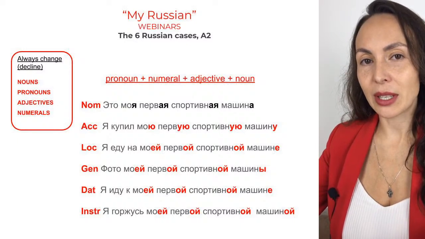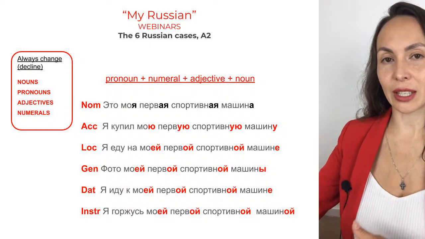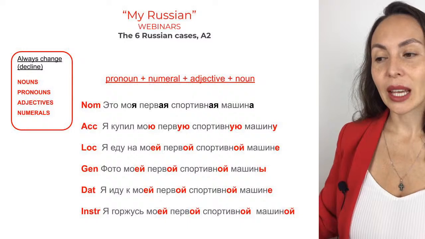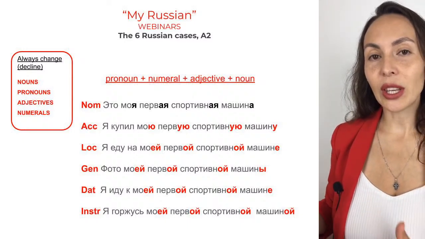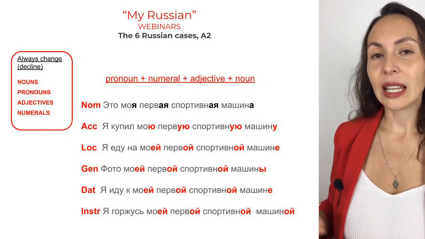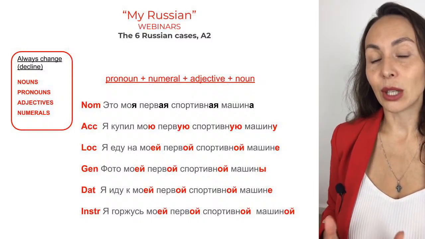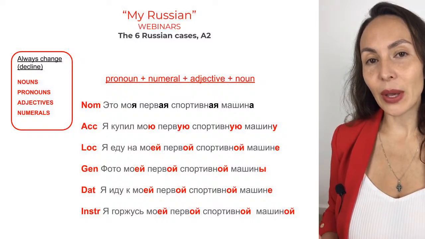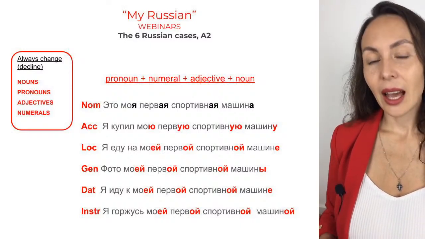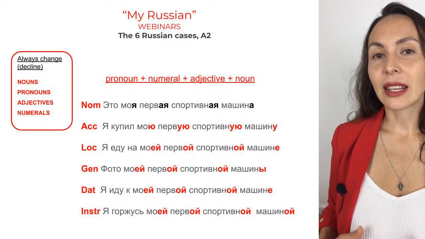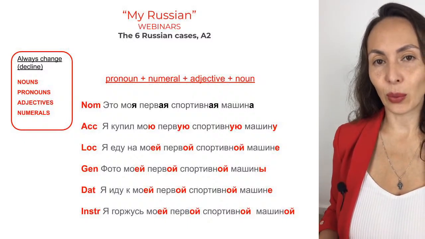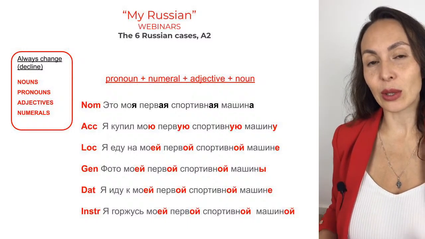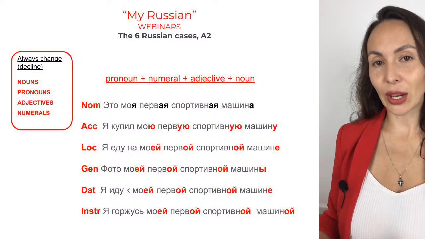Whatever happens in other sentences with this word машина will also happen to the other words that describe this машина. Моя первая спортивная. These are characteristics of the word машина, and they go together with this word wherever it goes.